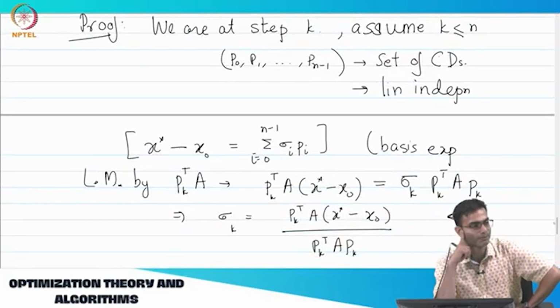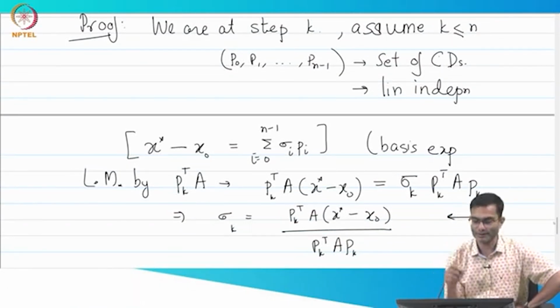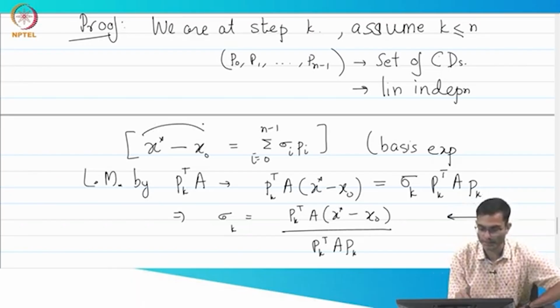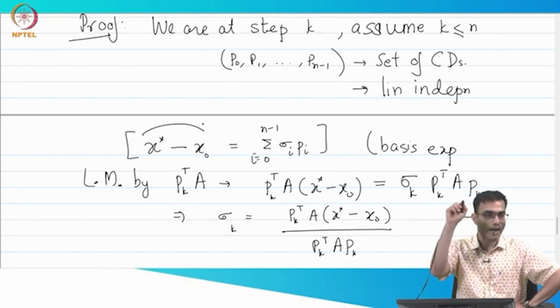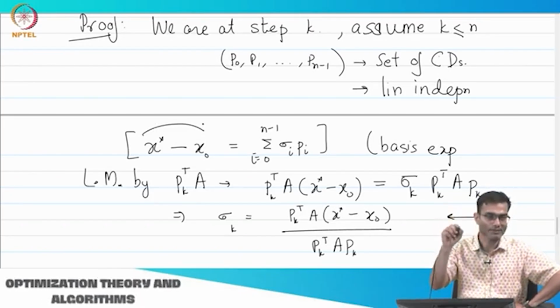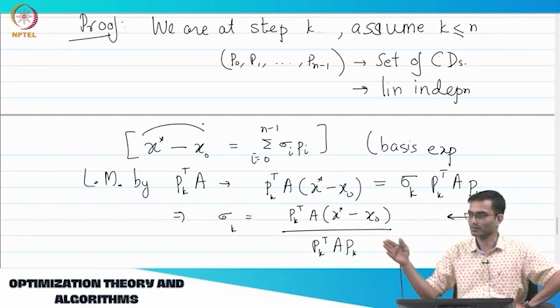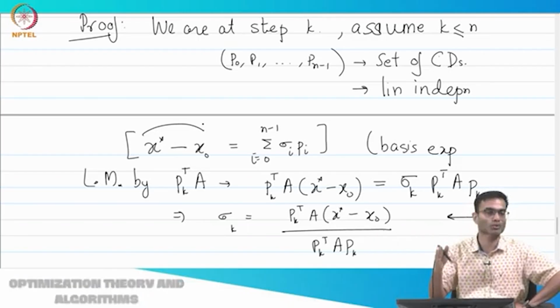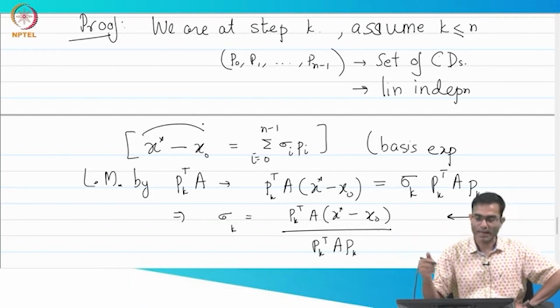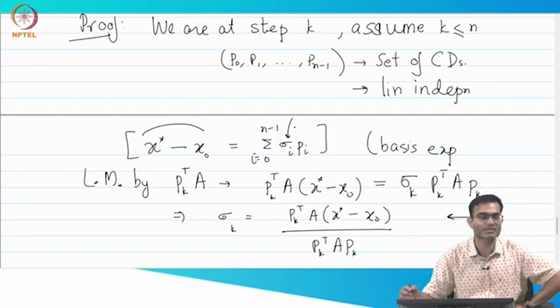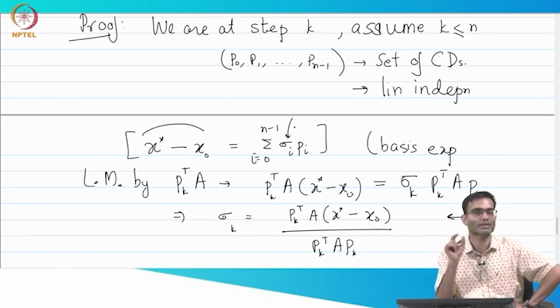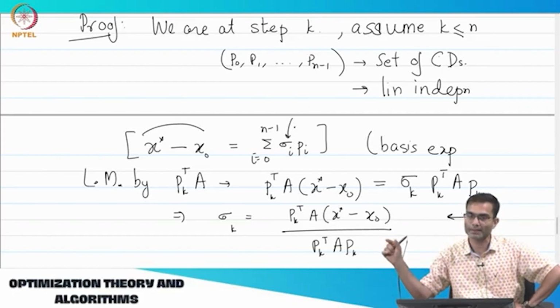So do you see what has happened now? The distance between my starting point and my end point is written as a linear combination of all of these vectors from P0 to Pn minus 1, and the coefficients sigma are nothing but the step length I took at each iteration.